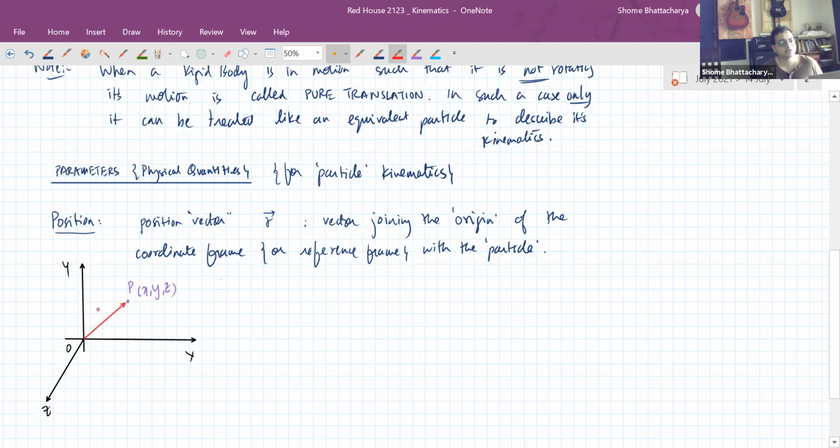That vector is denoted with the symbol R. As you can see, its position vector R will be x i cap plus y j cap plus z k cap in general, where x, y, z are the coordinates of the particle P with respect to the reference frame.